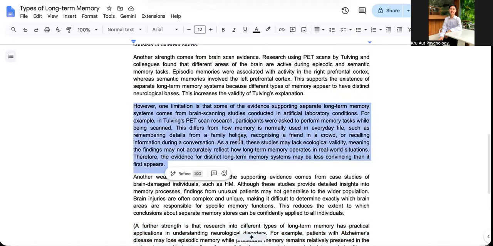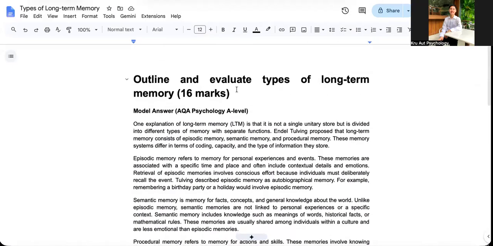Now let's look at weakness. For weakness, we must have strength, and if you put any evidence in the strength, an easy way to gain marks for weakness would be to contradict that strength, either saying it lacks generalizability, ecological validity, or something that can be linked to types of long-term memory.